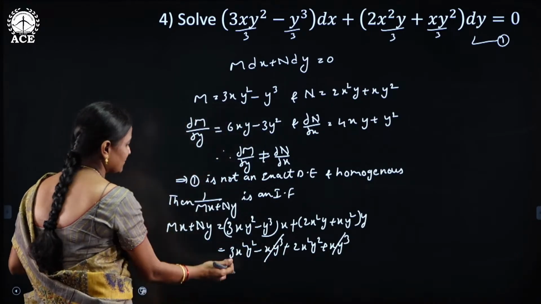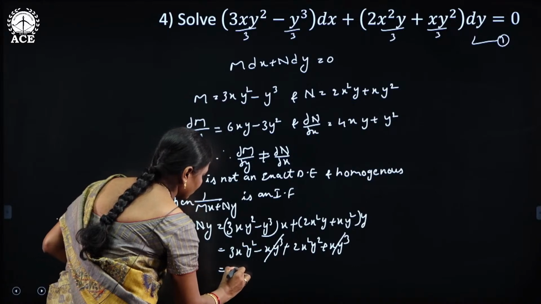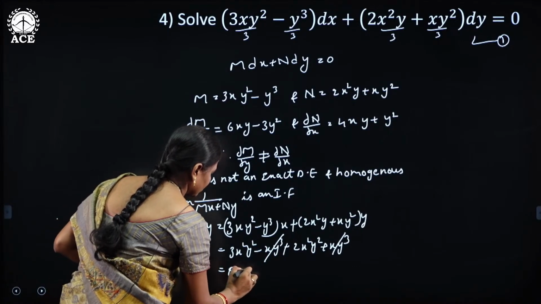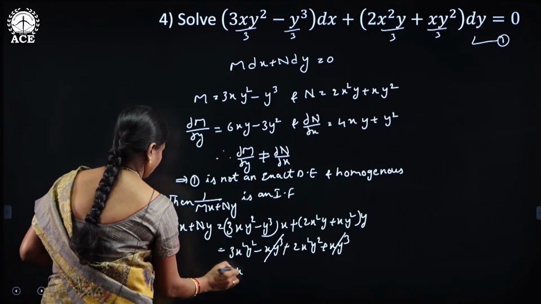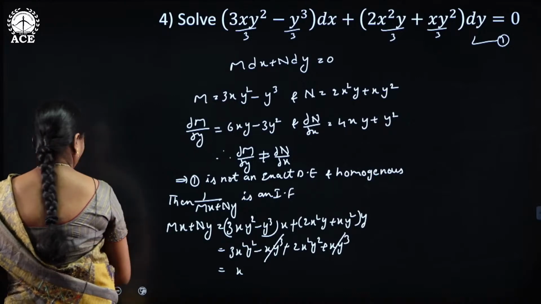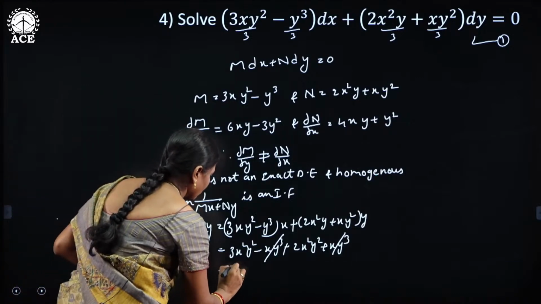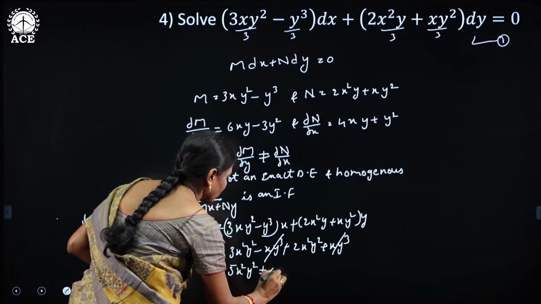What are the remaining terms? 3x²y² + 2x²y², that is 5x²y², which is not equal to 0.